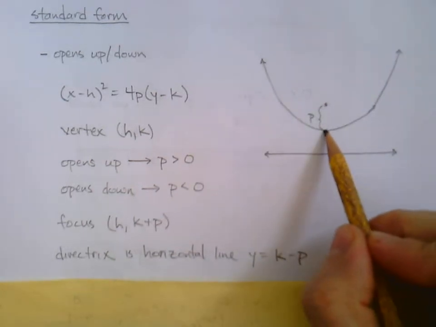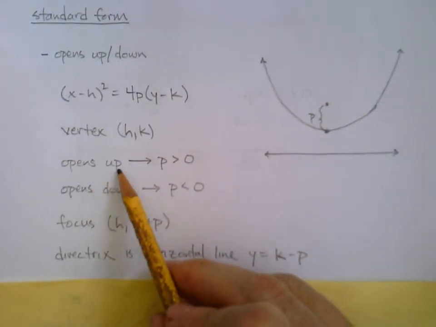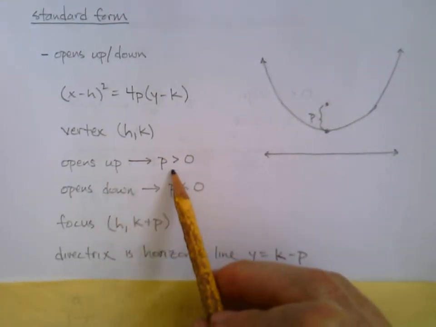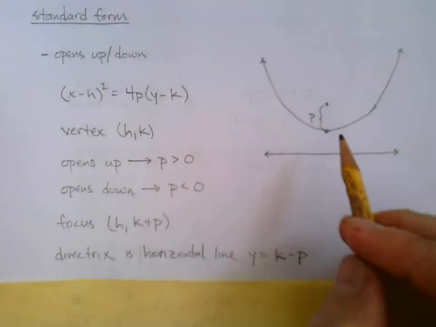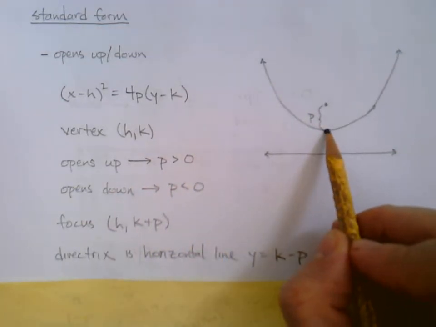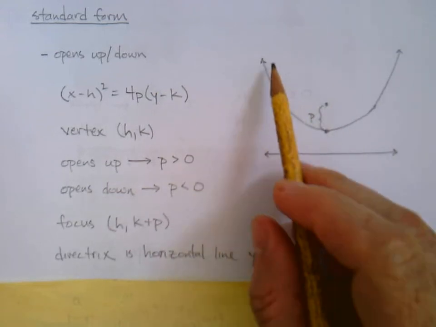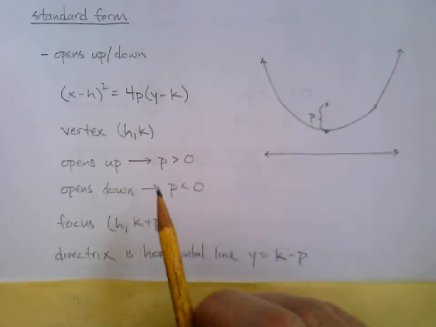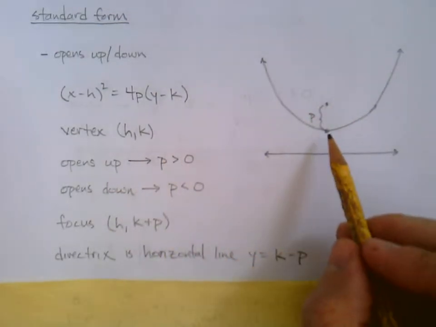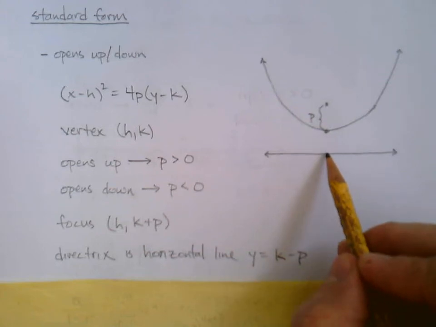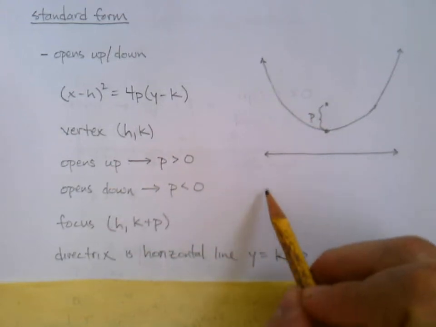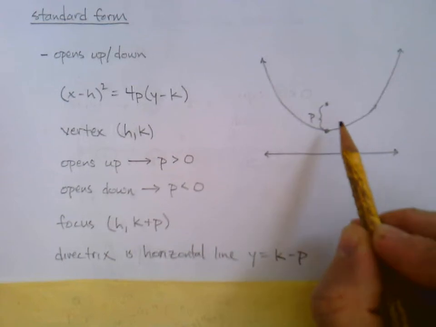So that point will be (h, k). If it opens up, then that means that p is positive. So from the vertex, if we count upwards, then that means our parabola opens up. But the opposite would be true. If from the vertex we have to count down to find the focus, then we're going to be angled down.